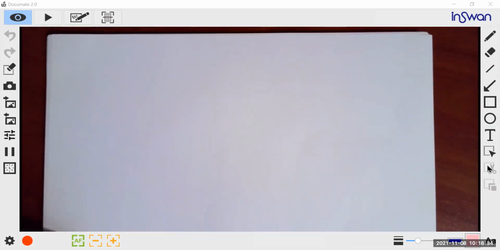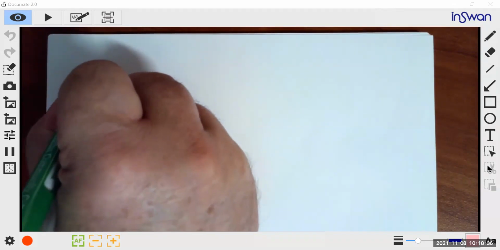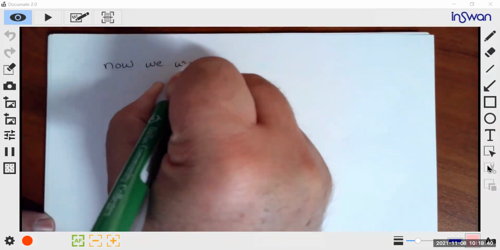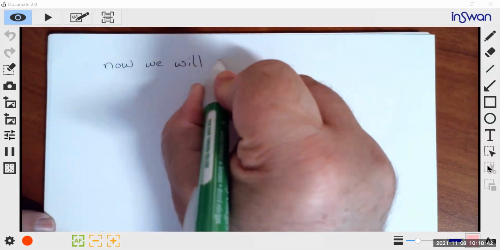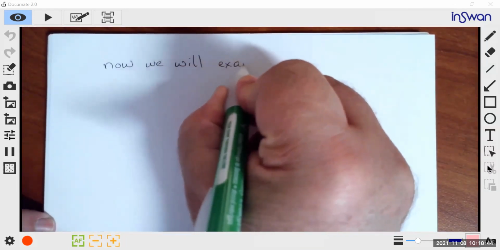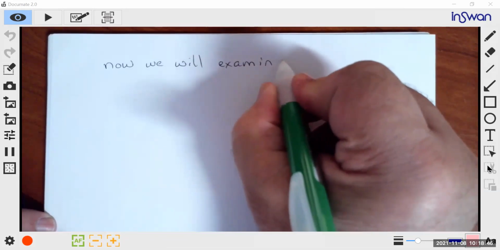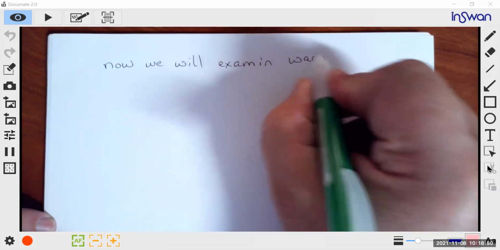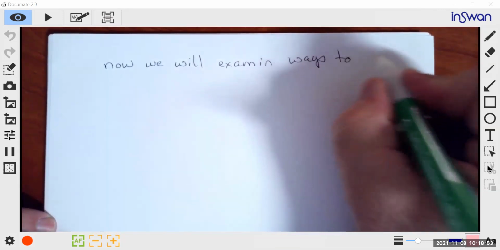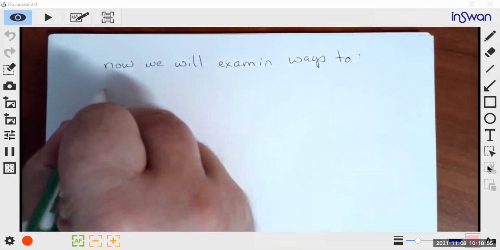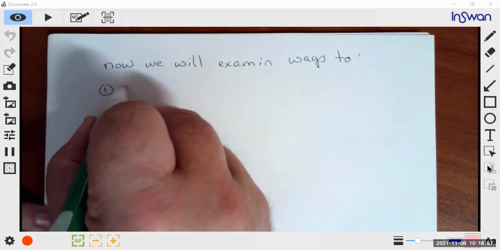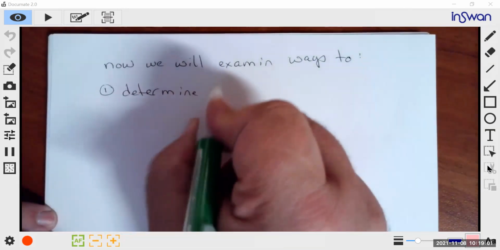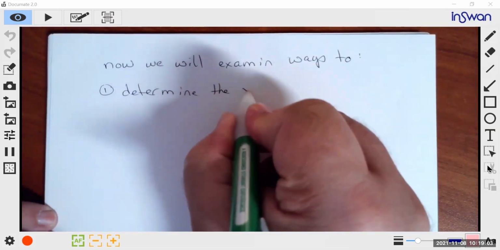In this chapter, now we're going to examine ways to determine the x-intercepts.